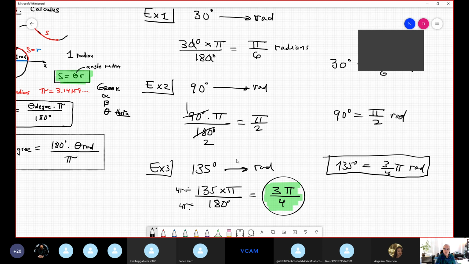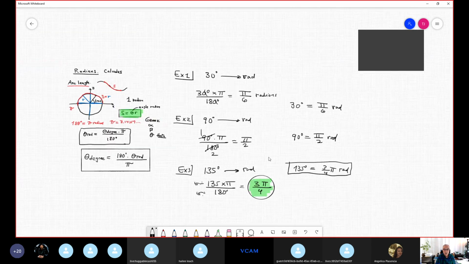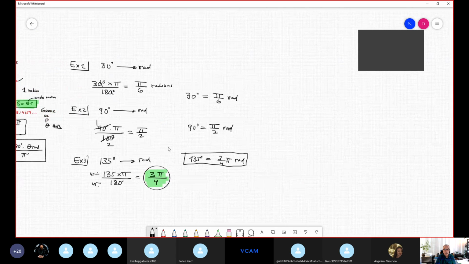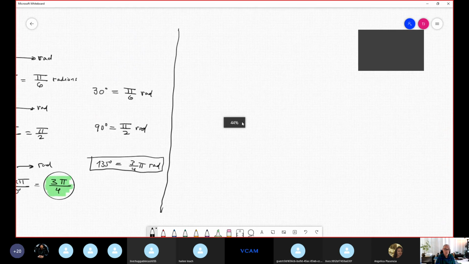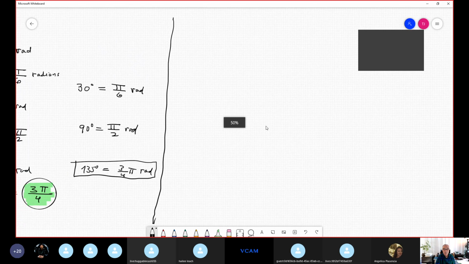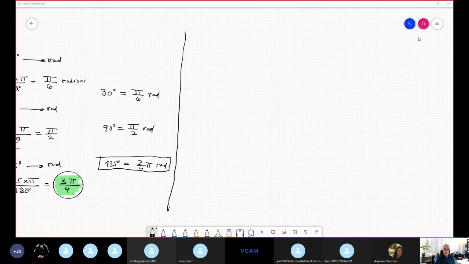Okay, let's do it in the opposite direction. Now I give you the angle in radian, and we need to convert to degree. Opposite direction, same formula, but in the opposite direction. Suppose it is given in calculus, in radian, pi over 3. Convert please to degree.